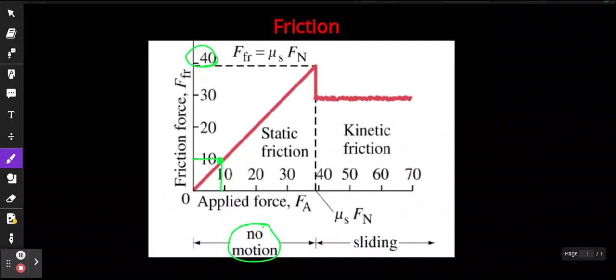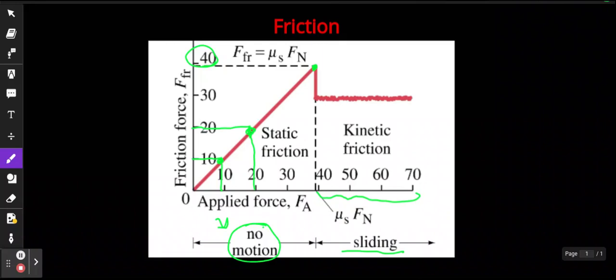So an applied force of 20 newtons, we get a static friction force of 20 newtons. Again, a net force of 0 and no motion. This continues until we reach 40 newtons. Once we pass this, our object begins to slide. And if we continue this force, no matter how much we increase the force, kinetic friction stays constant.